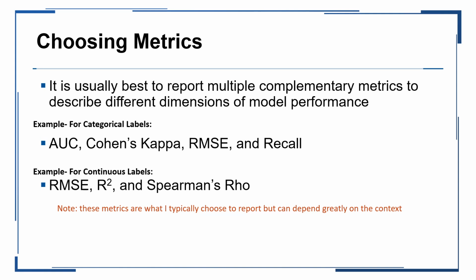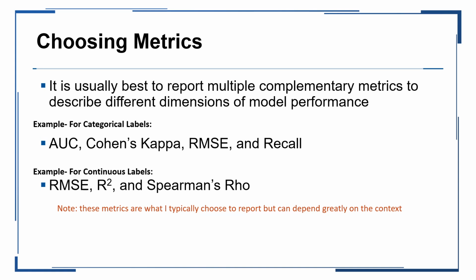So now that we've looked at a few different metrics, it's important to emphasize that choosing metrics will depend largely on the task. But again, it's always useful to report multiple complementary metrics to characterize different aspects of model performance. For example, AUC, kappa, RMSE, and recall are some of the most common metrics that I personally use for categorical prediction tasks.